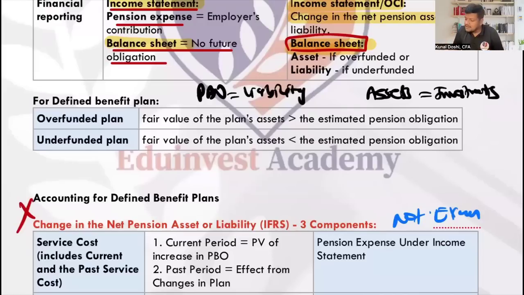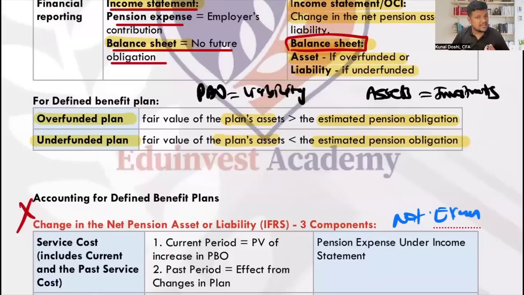If the plan assets value is higher than the obligation, we call it an overfunded plan. Good news, right? But if the fair value of the plan asset, that is your investment, is lower than the estimated obligation, then it's called an underfunded plan. Clear? Overfunded is an asset, underfunded is a liability.